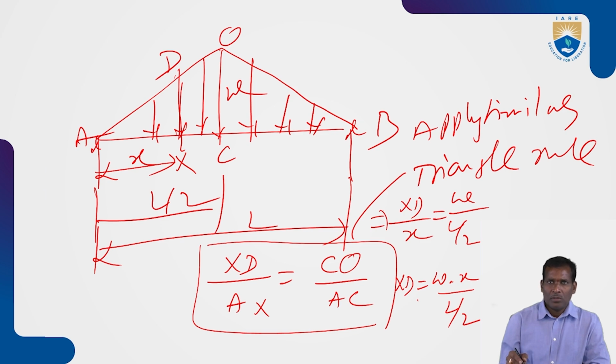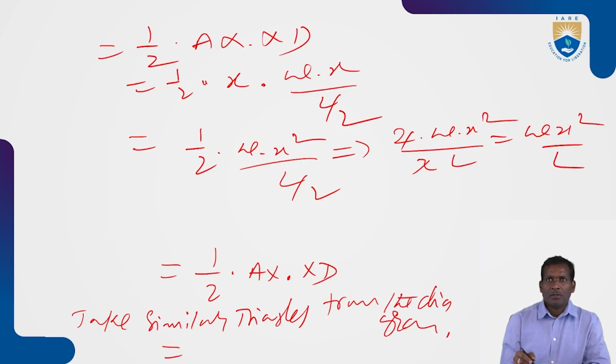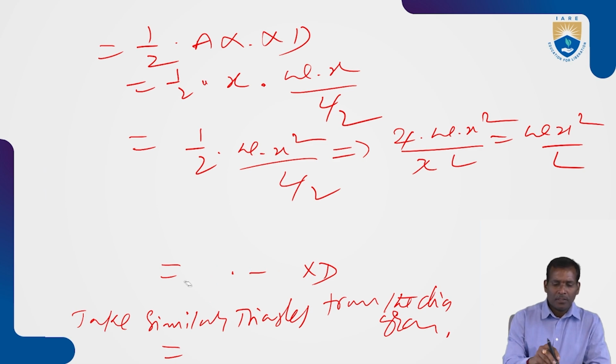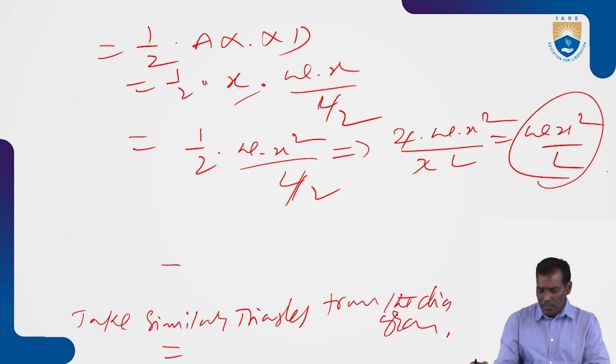Now substitute in this equation, AX is equal to X and XD is equal to WX by L by 2. So 1 by 2 WX square by L by 2, so 2 WX square by L. The 2 gets cancelled, WX square by L. Finally the value.